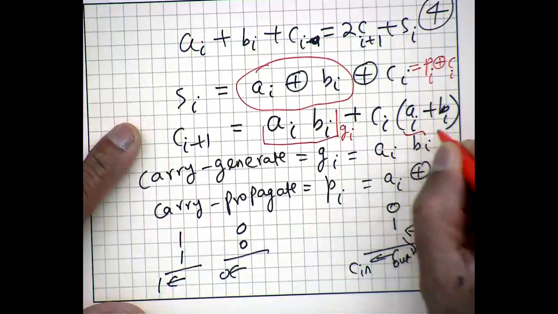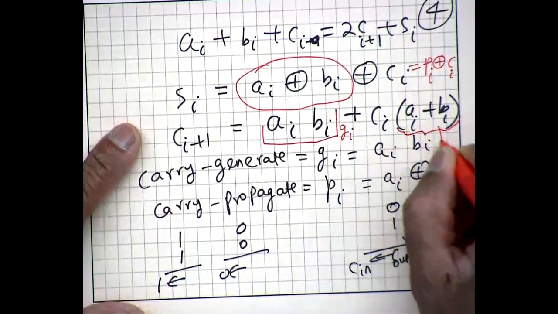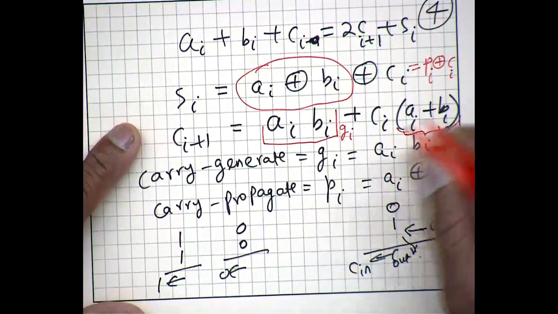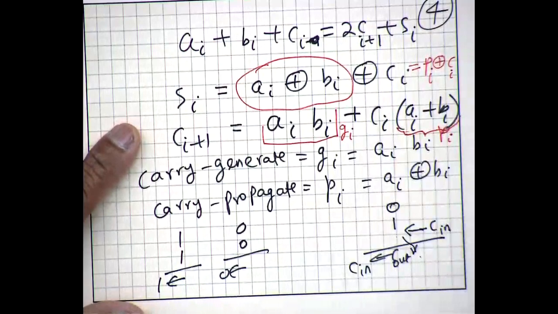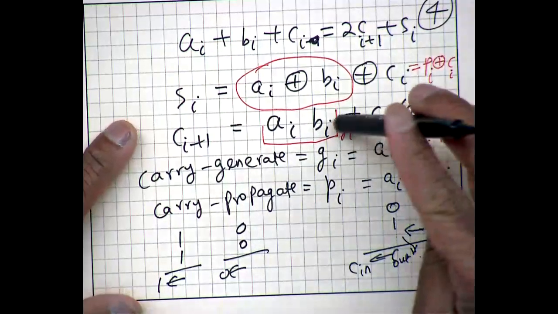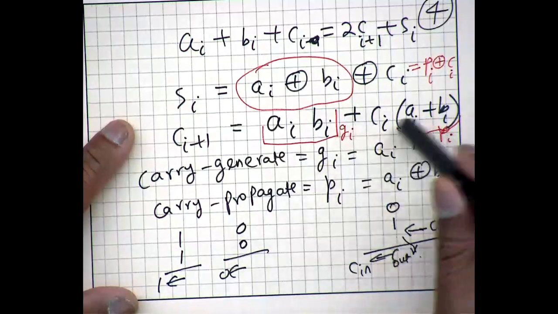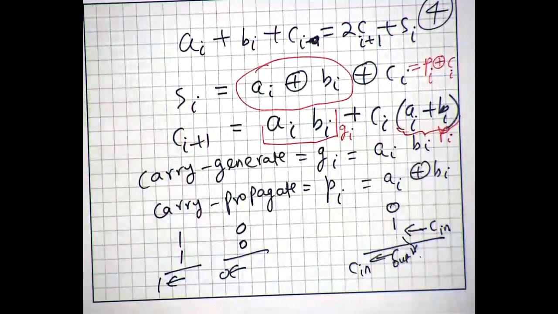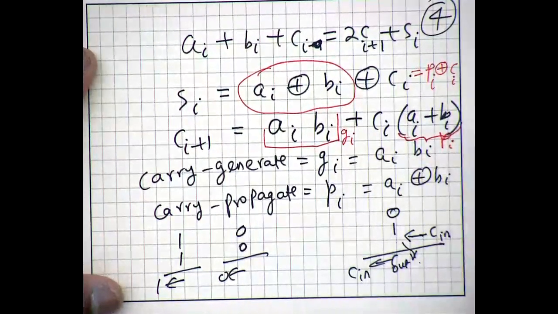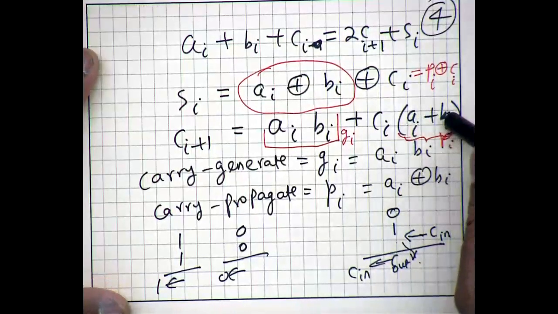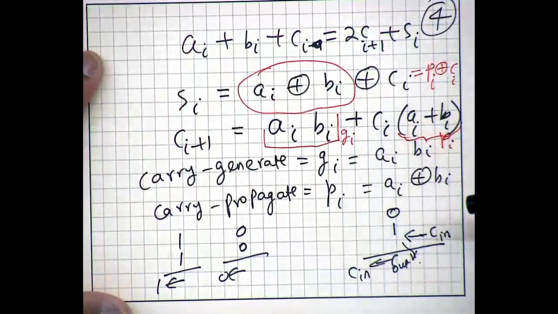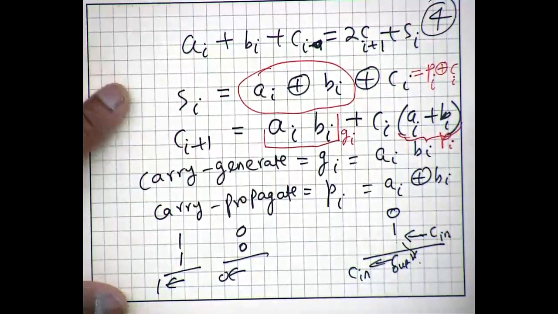It may not be obvious, but you can do a Karnaugh map and see that Ci plus 1 can be written as Gi plus Ci times Pi. I didn't prove that, but it can be shown that it's logically equivalent. So whether I have Ai plus Bi or Ai exclusive or Bi, these are logically equivalent.